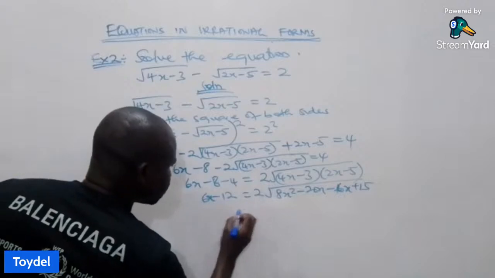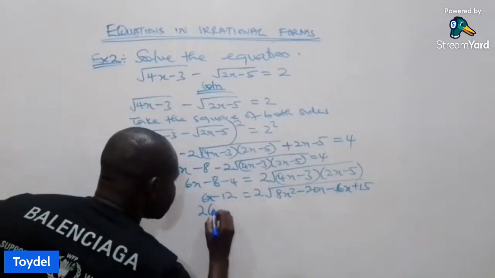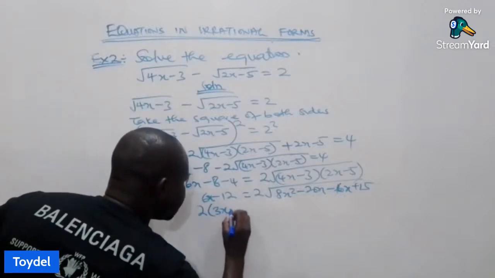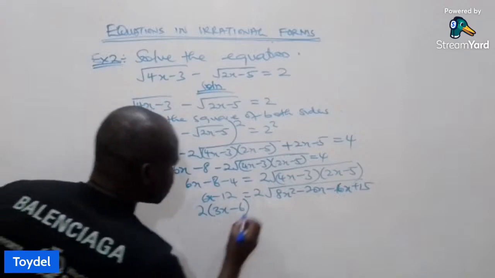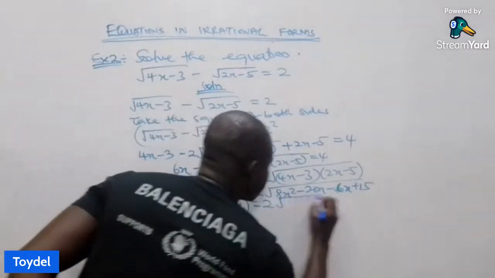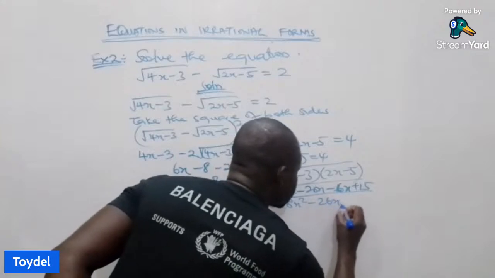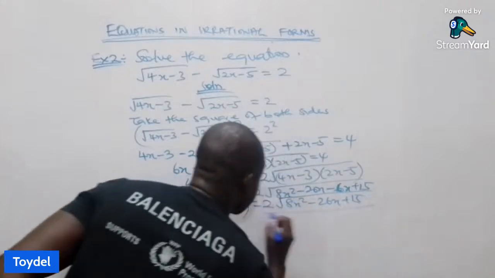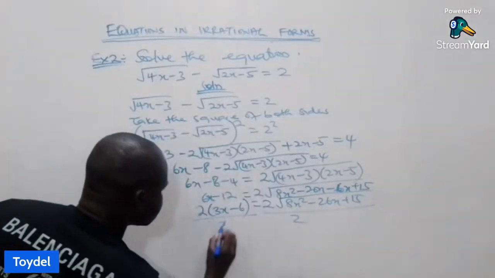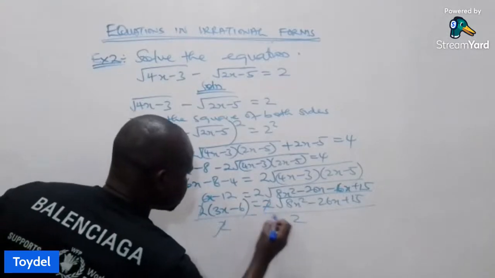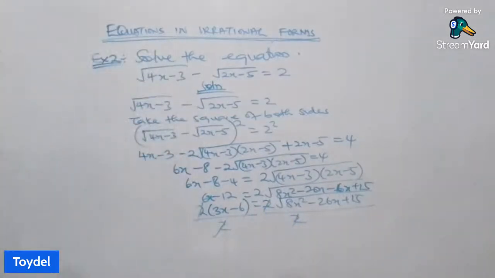So 2 is common here. I can have 3 minus 6. So we are equal to 2 square root of 8x squared minus 26x plus 15. I divide both sides by 2. 2 can actually cancel 2. So let's look at it.